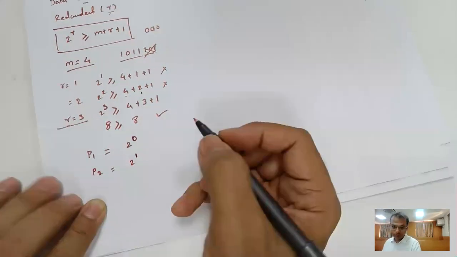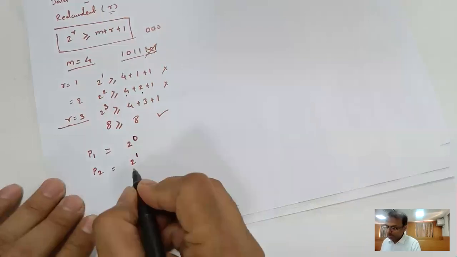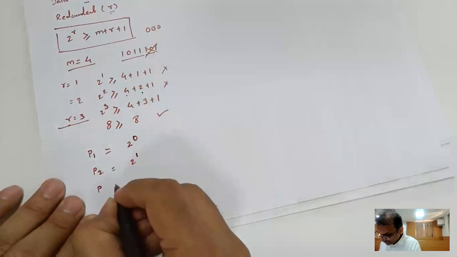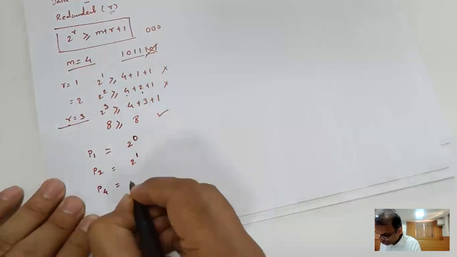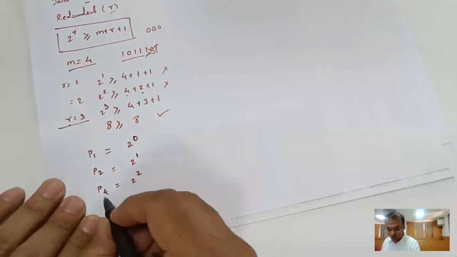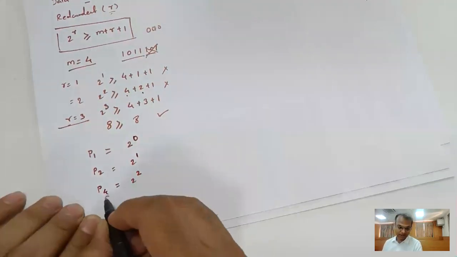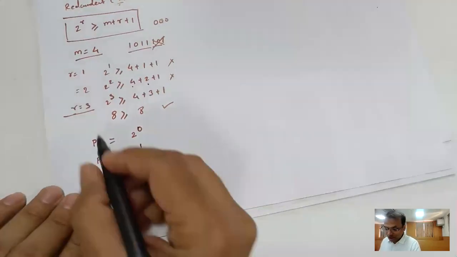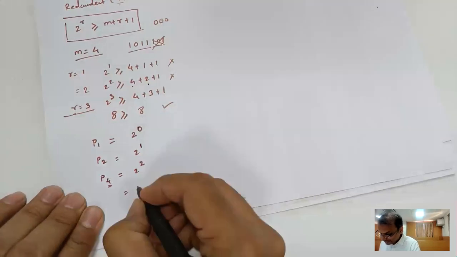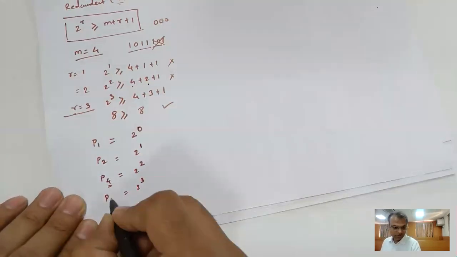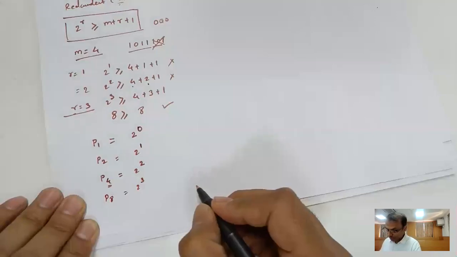You have to find out the place of these redundant bits. Then next is 2 raised to 2, so the next bit has to go to the 4th place, not the 3rd place. If the value of r is 4, then the next bit will go at 8th position, and so on.